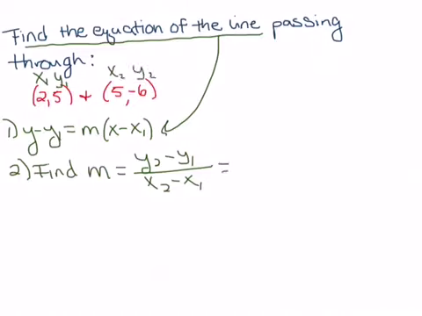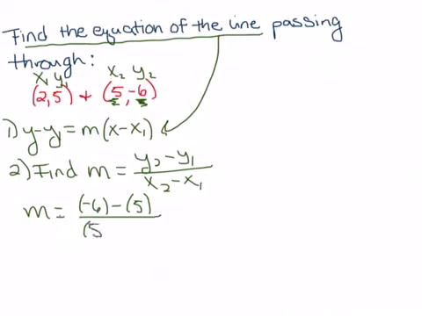So for our slope formula, that would look like this. y2 minus y1 would be negative 6 minus 5. And since we started with the y value of negative 6 in the top, we must start with his partner 5 in the denominator.